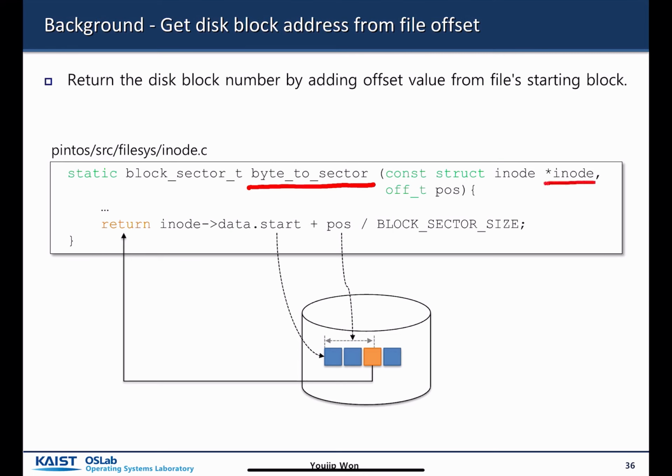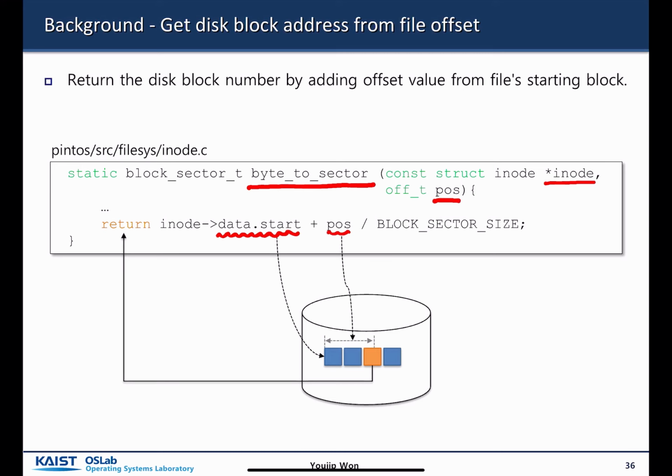It gets the inode and it gets the position. And then it returns the sector address of the given position. So this is very simple. Inode has a start address of the file. Okay, and then we have a position.